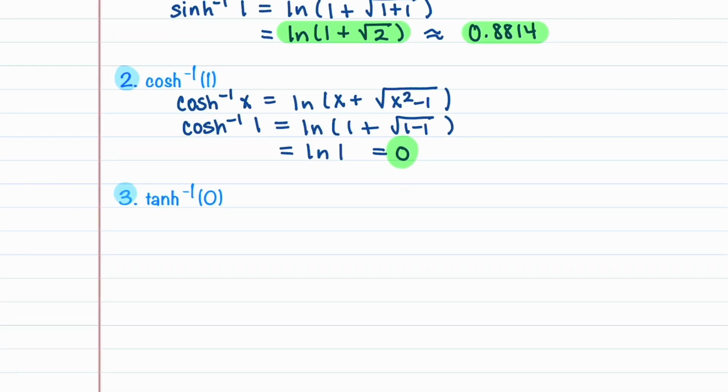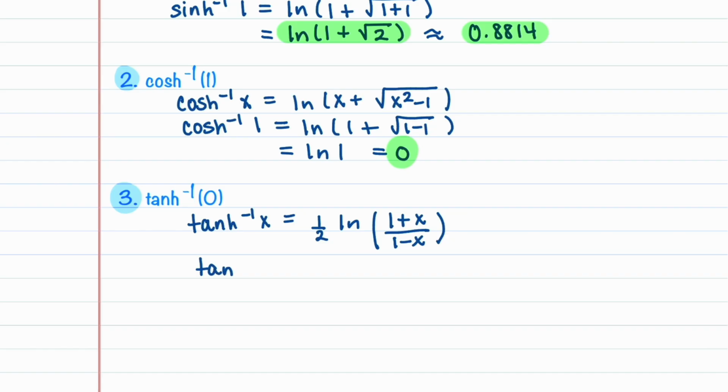Now let's look at our third example. We are going to evaluate inverse tanh of 0. Let's write down our formula first. Inverse tanh of x is 1/2 times the natural log of 1 plus x, all divided by 1 minus x. Now let's let x be equal to 0.